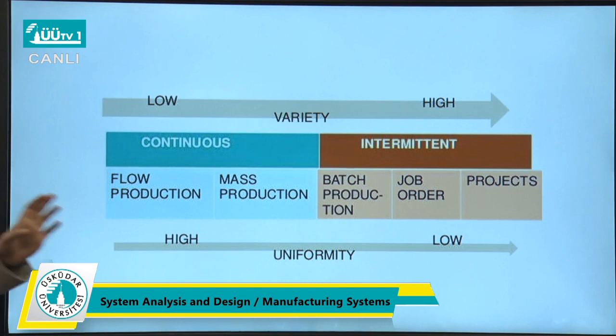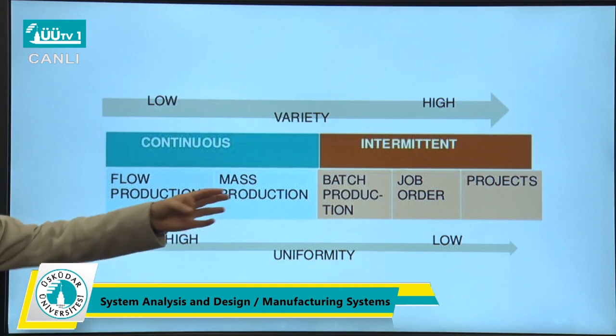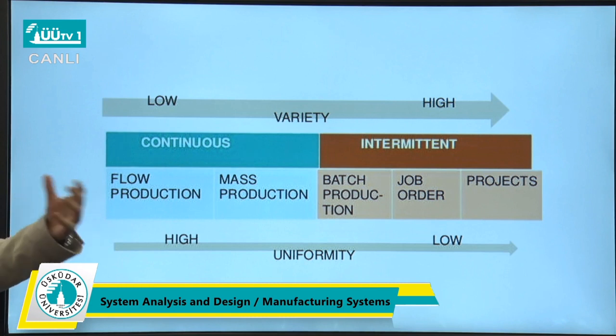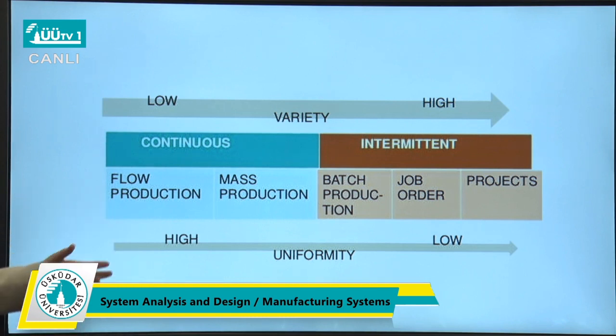But when you go to the intermittent, discontinuous type of manufacturing system, which includes batch production, job order, and project production, the variety becomes high. And when you take a look at the uniformity perspective for the continuous production, the uniformity is high.